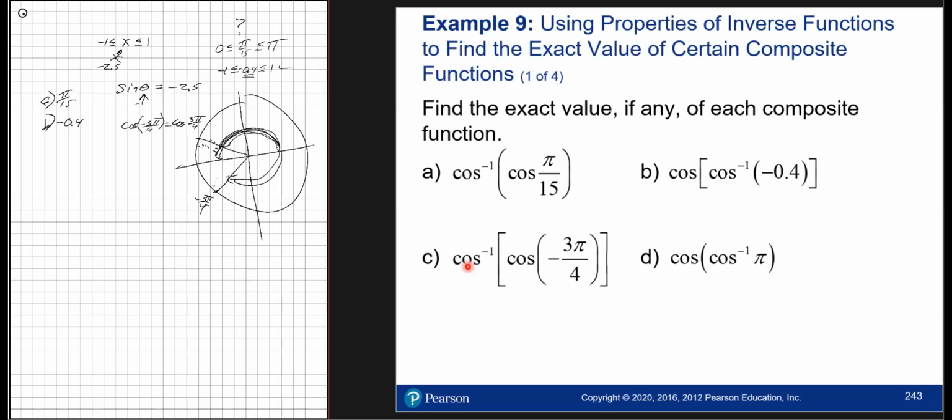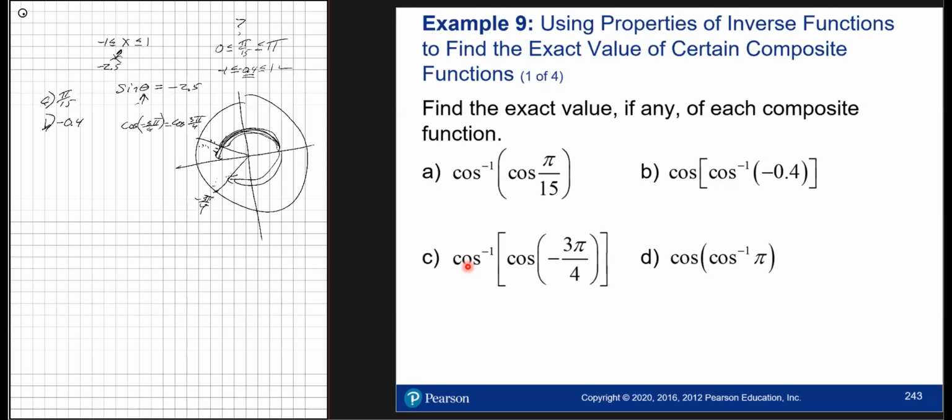So then we have the secant of theta equals 8, or the cosine of theta equals 1 over 8.